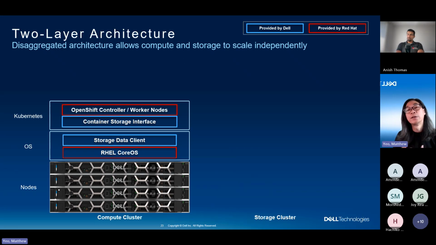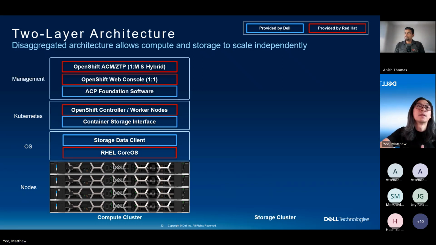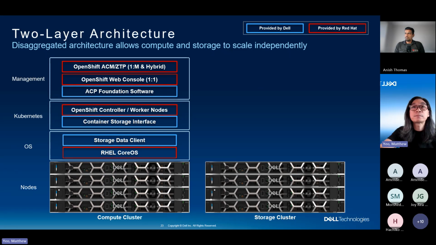For this solution, we need to start with a minimum of 4 nodes, of which 3 nodes will be master nodes, hybrid together with worker nodes. So after this solution is deployed from a compute perspective, you have 3 master nodes and 4 worker nodes. All right. And then once that is up and running, we will deploy all the OpenShift components in there.